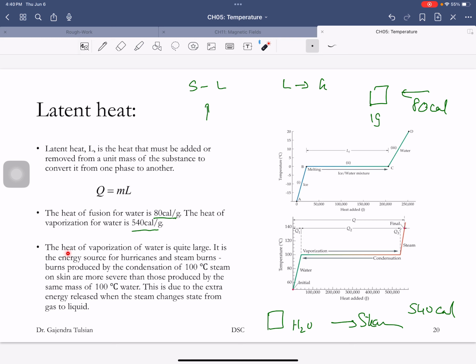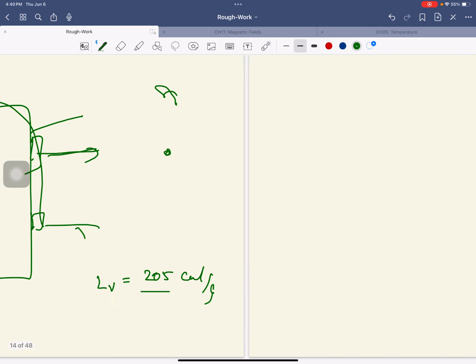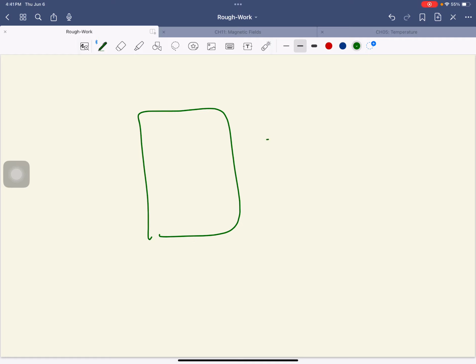So here's another thing. The heat of vaporization of water is quite large, which is 540 calories per gram. It is the energy source for hurricanes and steam burns. So what that means is, if steam at 100 degrees hits you, the steam will condense to water and every gram of steam will burn you with 540 calories, and then it becomes water at 100 degrees Celsius, and that'll burn you too.